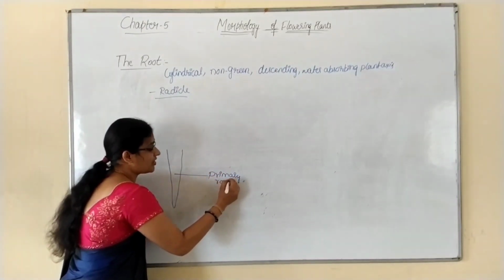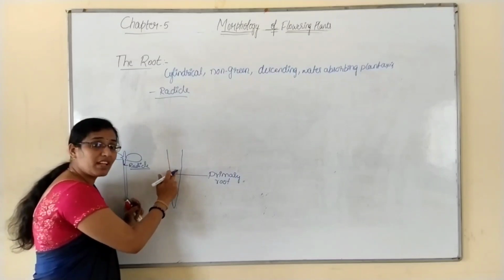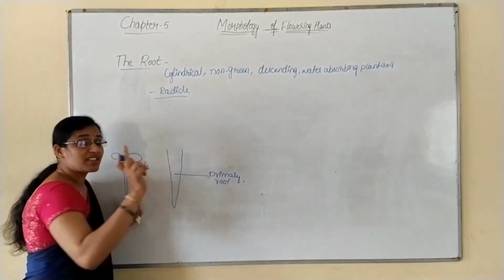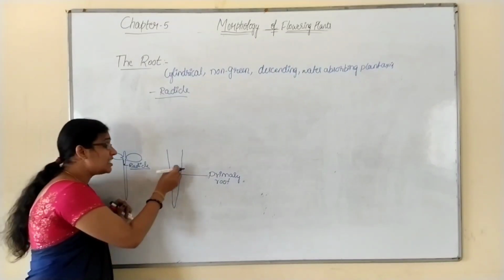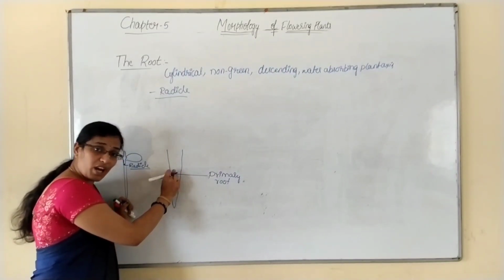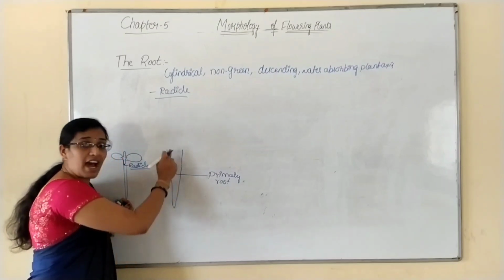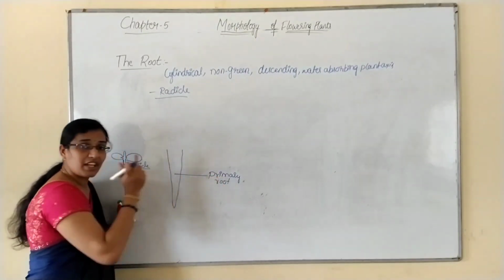What do we call this structure? The primary root is a structure which has arisen from the radicle part of the embryo, and this root becomes more prominent and elongates.